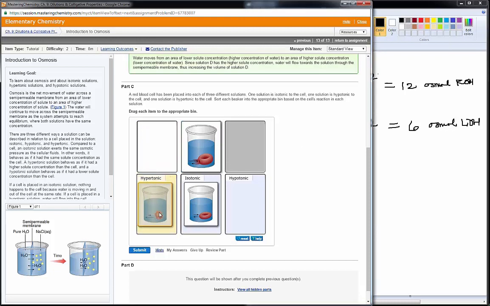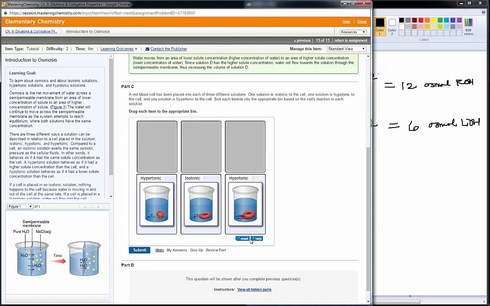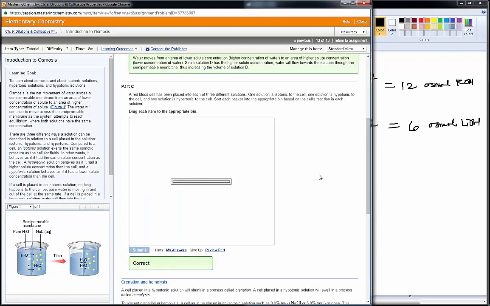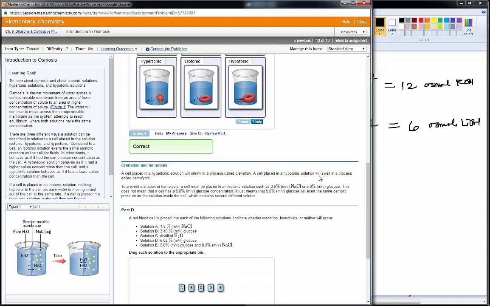And hypotonic means I have a higher concentration inside of the cell, so water enters the cell until it exceeds the capacity of the cell and it will burst. That's hypotonic. This process is called crenation. This is hemolysis, as in lysis or breaking of that red blood cell.